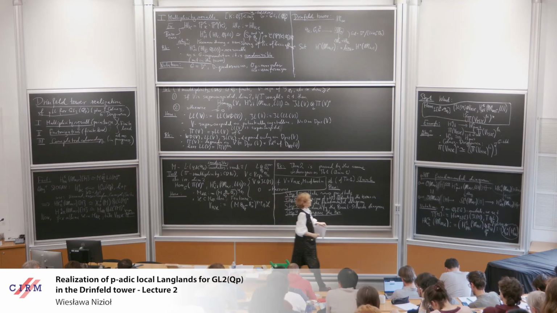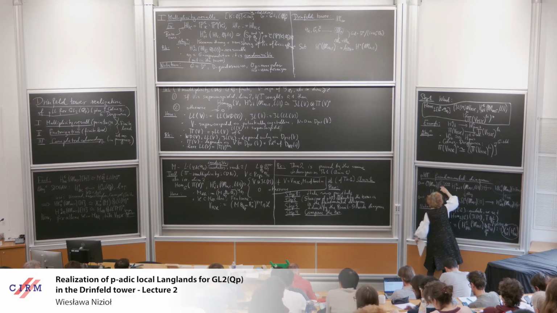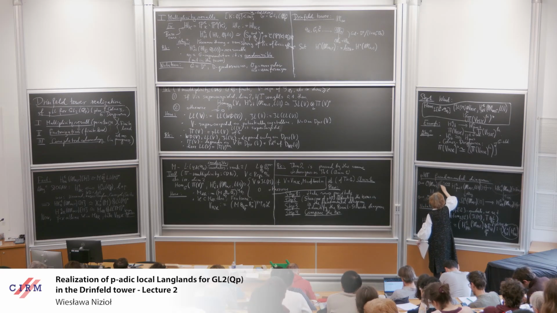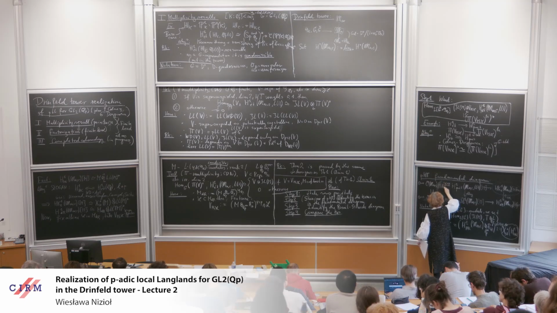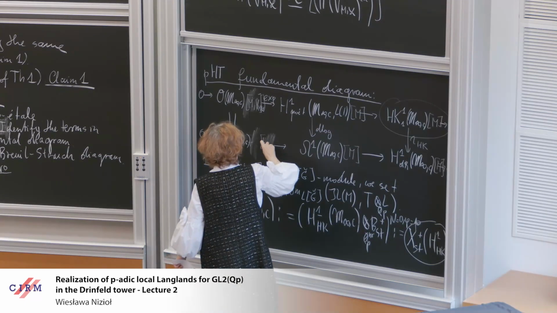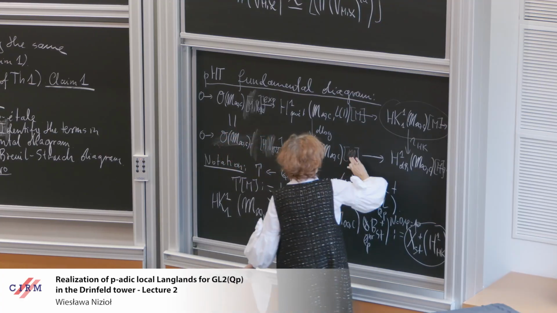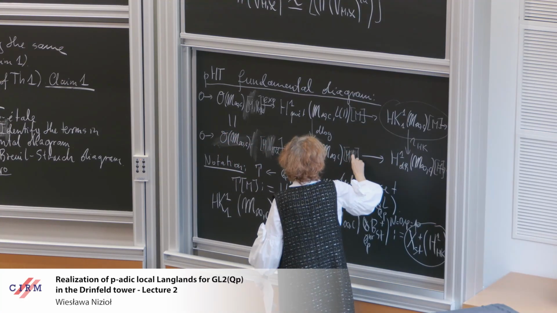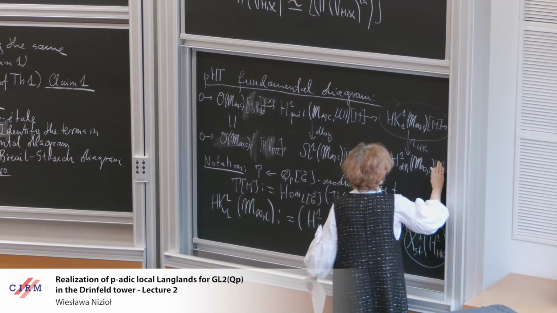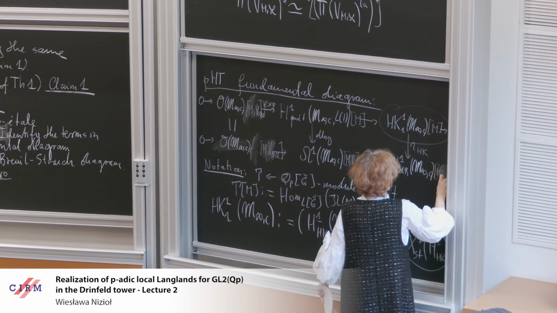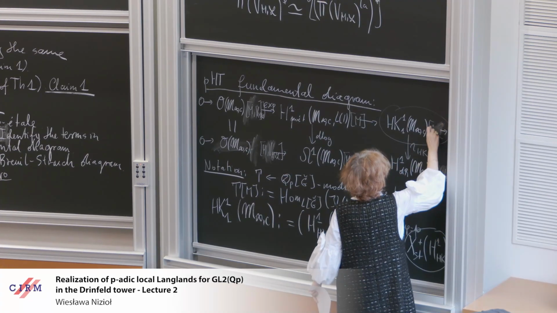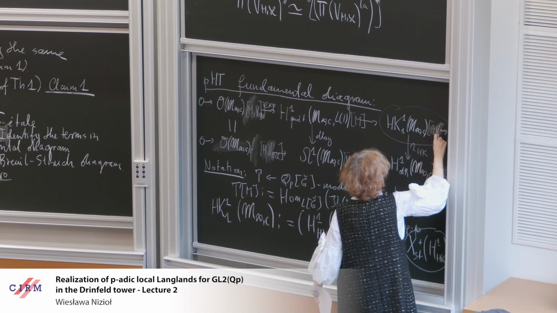So let me add this here. We have the Jacquet-Langlands eigenspace and then V_ML. That's the Galois eigenspace. Same here, V_ML. And here, V_ML. And here as well, V_ML. And everywhere here, same thing.